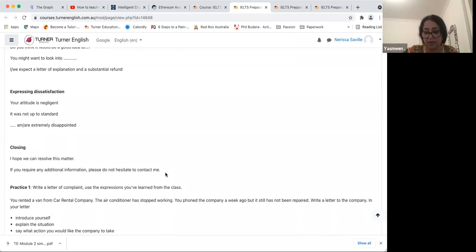I hope we can resolve this matter quickly. These are two different options you have. You don't have to use both of them.